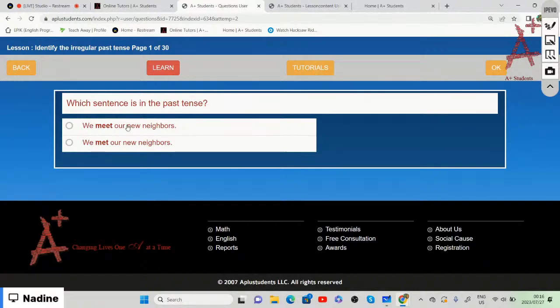So is it meet or met? We need to choose which sentence is in the past tense. We meet our new neighbors, or we met our new neighbors.